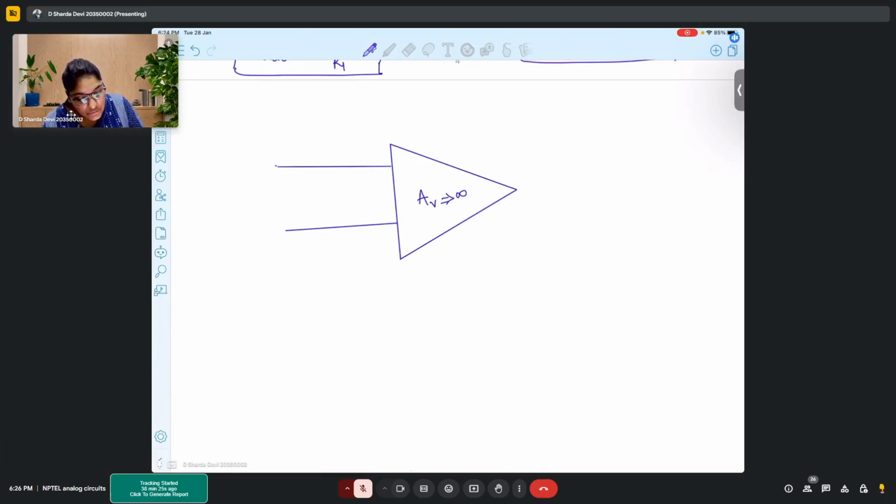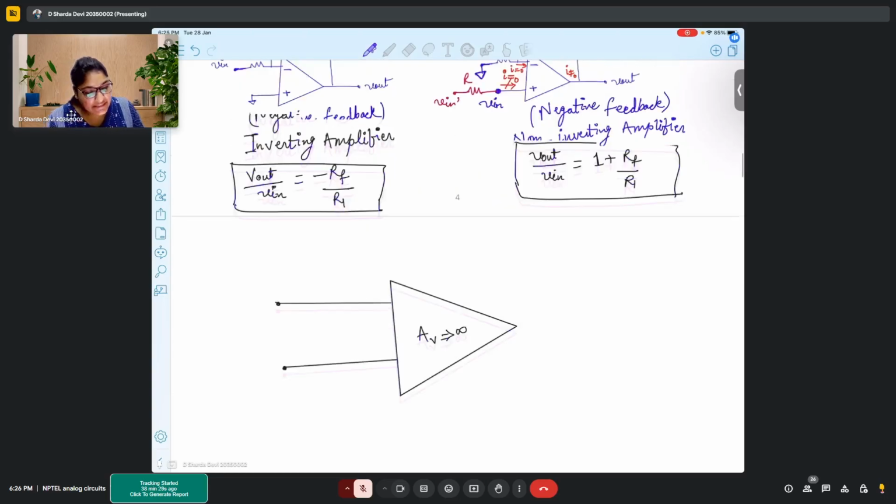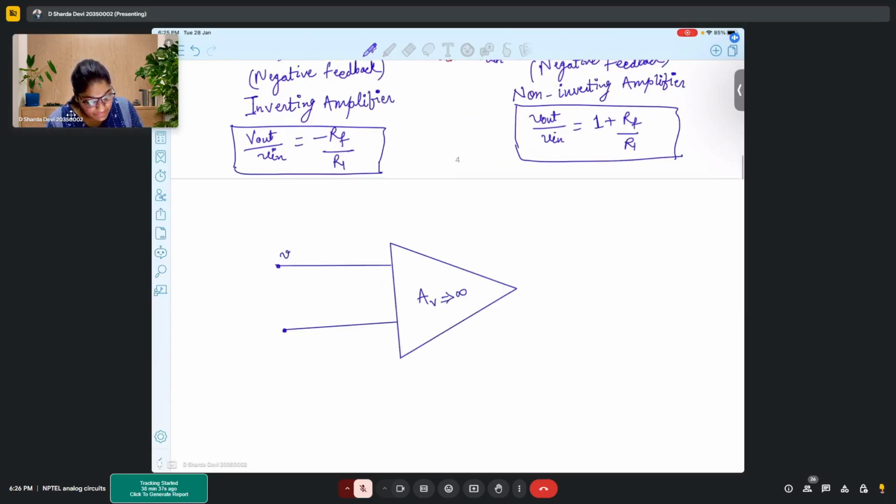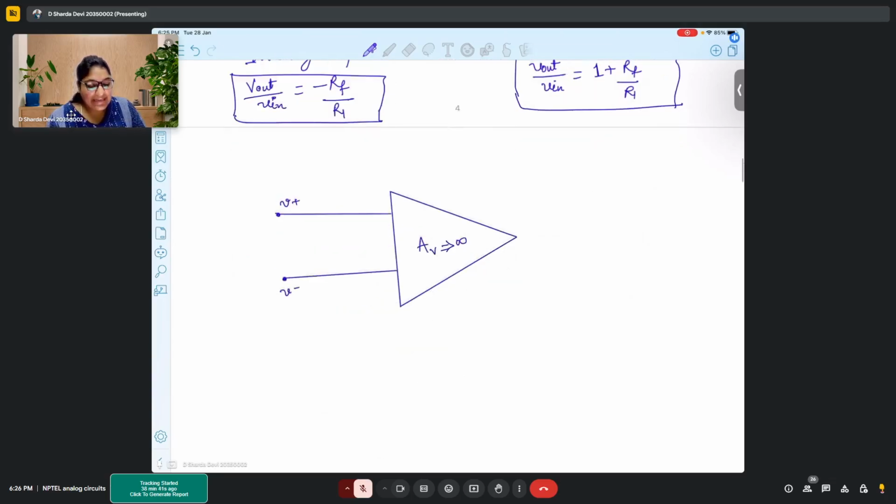So these terminals, which are internal terminals that I'm talking about, the internal terminals before connecting it to anything. These two terminals, V plus and V minus: if my gain tends to infinity, you know that V out is constant, right?